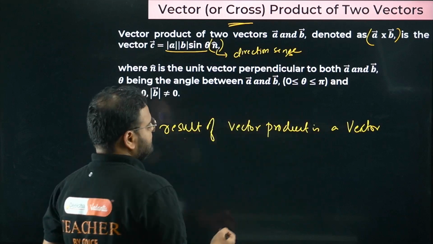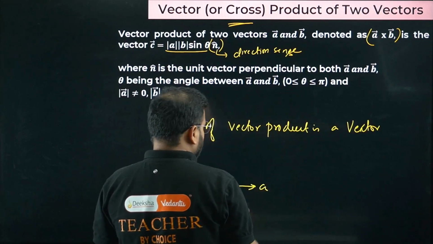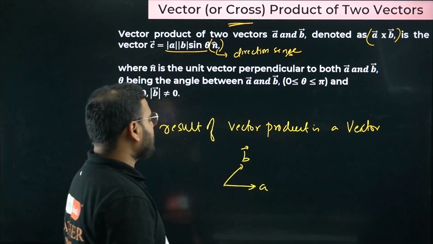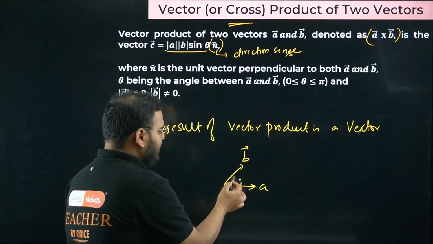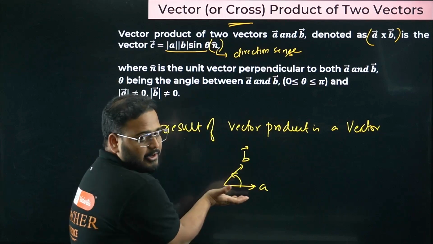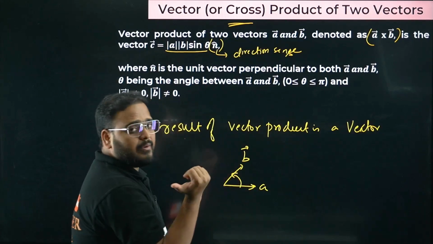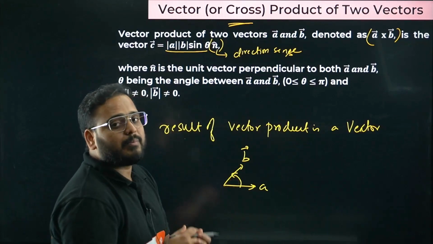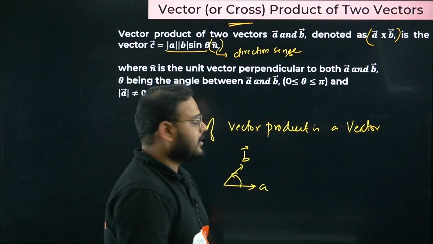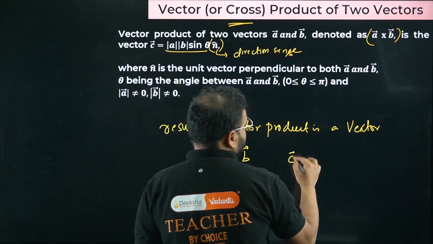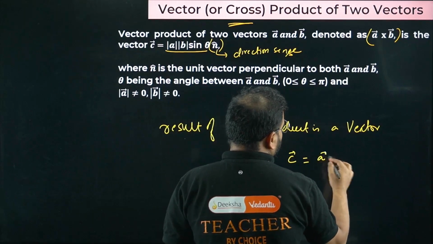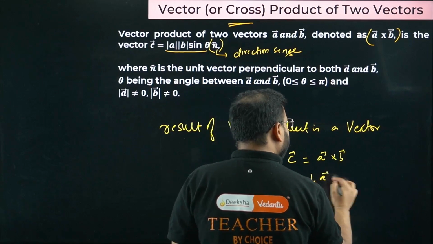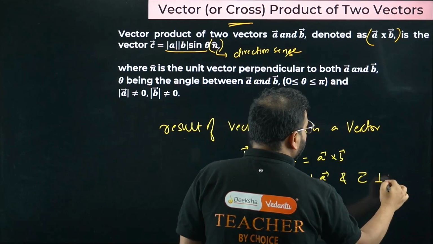For example, let's say I take vector A like this and vector B like this. What will happen if you multiply A to B? Your resulting vector will be in the direction coming out of this. So it will be a vector perpendicular to both vector A and B. Let's say C is the vector coming as A cross B. C will be perpendicular to A and C will be perpendicular to B also.